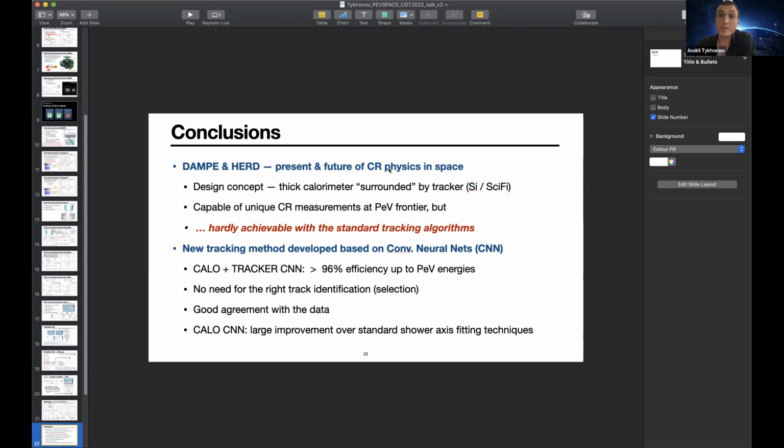And the cosmic ray spectrum falls as energy to the power of 2.7, so it falls very dramatically. That's why at TeV to PeV, let's say at 10 TeV, 100 TeV, you can still, even with a relatively small instrument like DAMPE, collect a lot of data. It's just a matter of the power-law spectrum of cosmic rays.